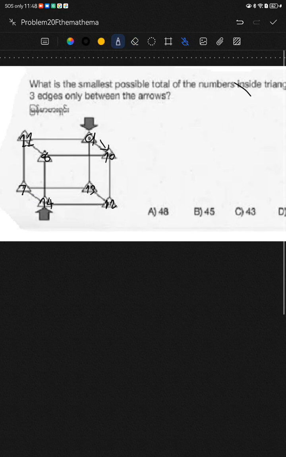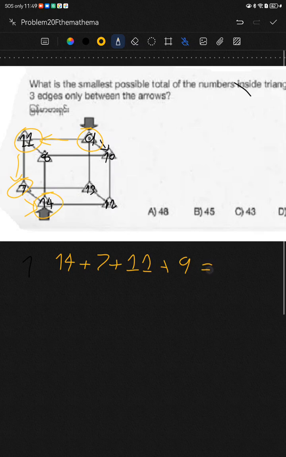So now the lowest sum that we can make here is 14 plus 7 plus 11 plus 9. Sorry if you can't see that. You start from 9, then go to 11, you add 11, then go to 7, you add 7, and then finally to the end, which is 14. You add 14 to get 41.